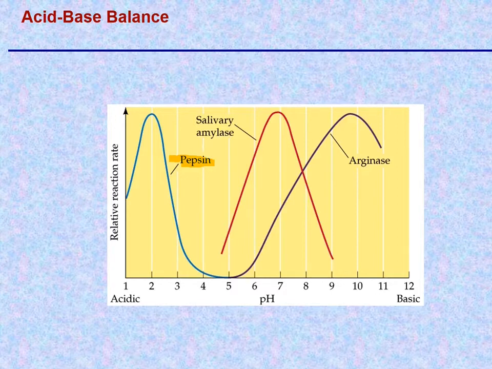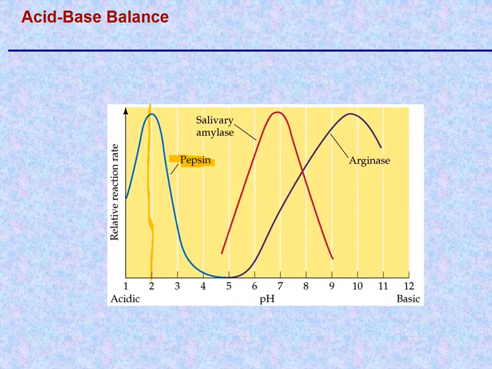Pepsin is a protease enzyme found in the stomach, secreted as an inactive enzyme called pepsinogen, and once it gets into the acid environment of the stomach, it becomes activated. I pretty much gave away why its optimal activity is at pH 2: it's in the stomach, an acid environment, and it can break down proteins optimally in an acid environment.